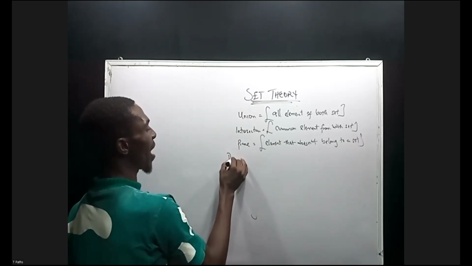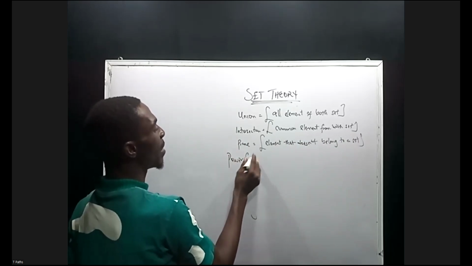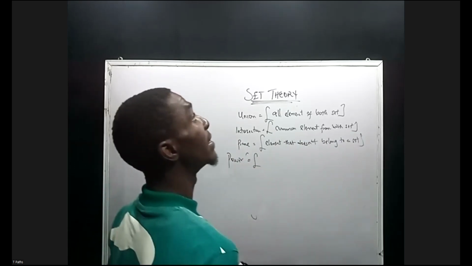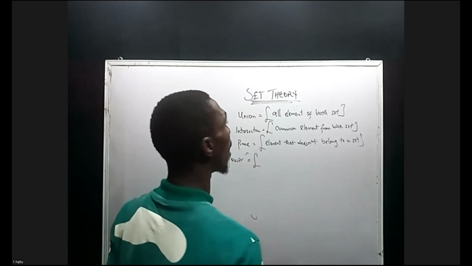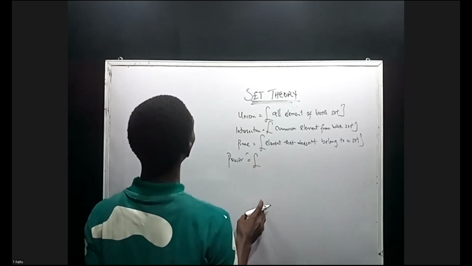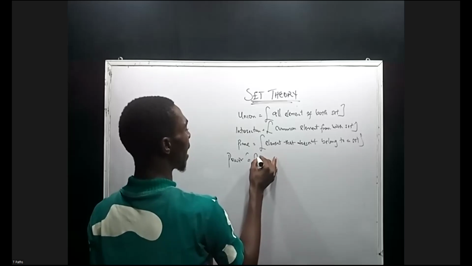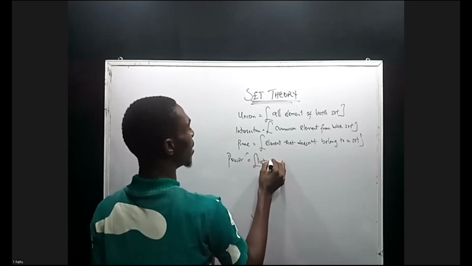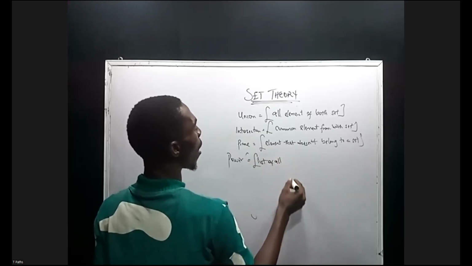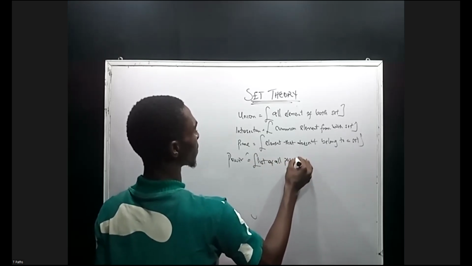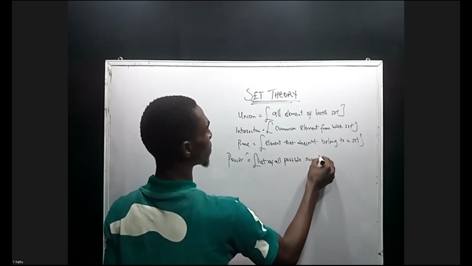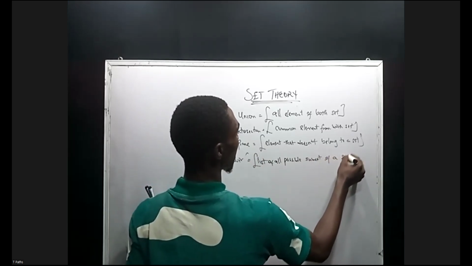Now, we have the power of a set. The power of a set is the list of all possible subsets of a set.